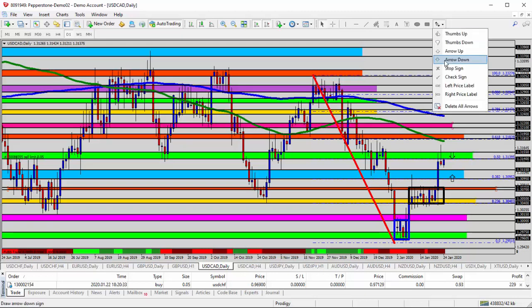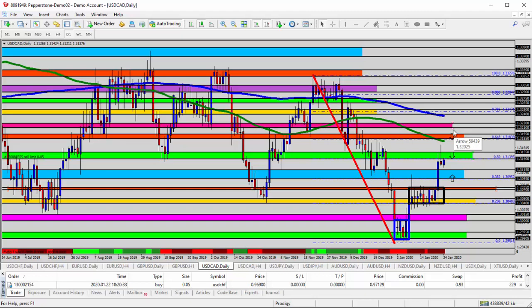The 61.8 Fibonacci retracement level lives up here at the orange shaded area, 1.3185 or so. Happens to also be where the 100 period moving average is. So now that we know where Fibonacci is, it will help us identify some areas of resistance and support for this currency pair.